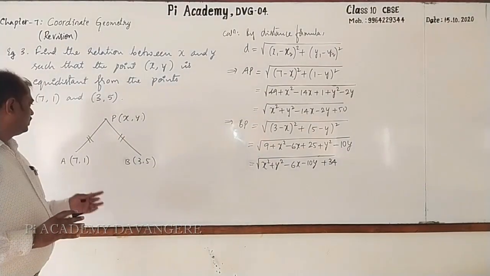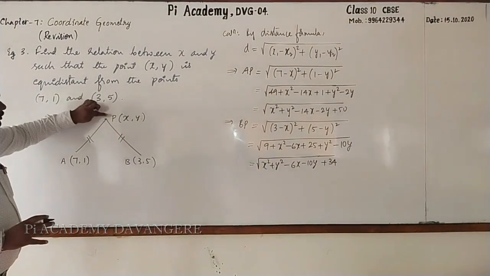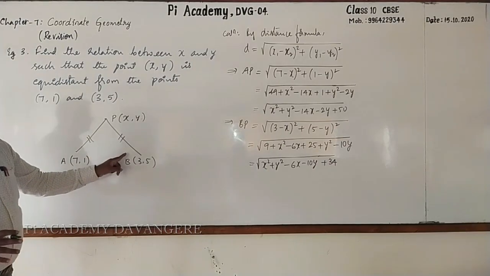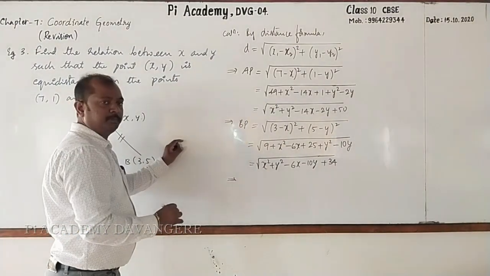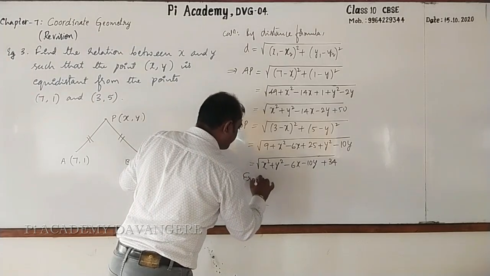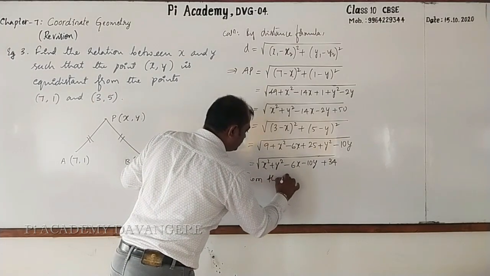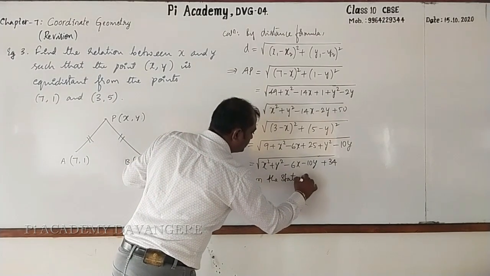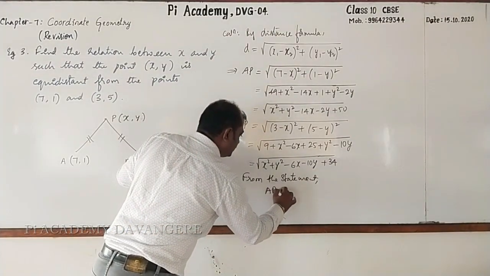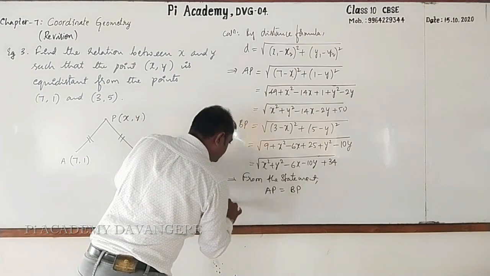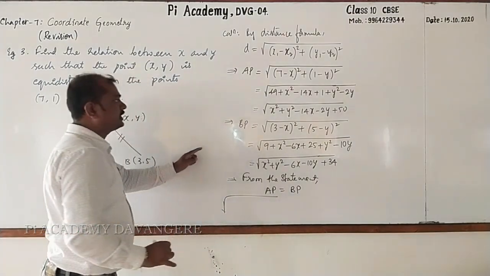Followed? From the statement, what has been given? P is equidistant from A and B. So let us go for equating AP and BP. From the statement, we can write AP equal to BP. It is square root of, what is AP?